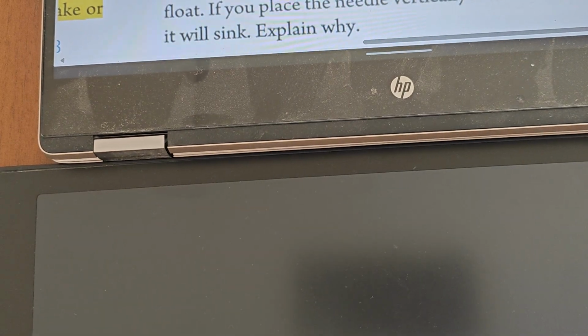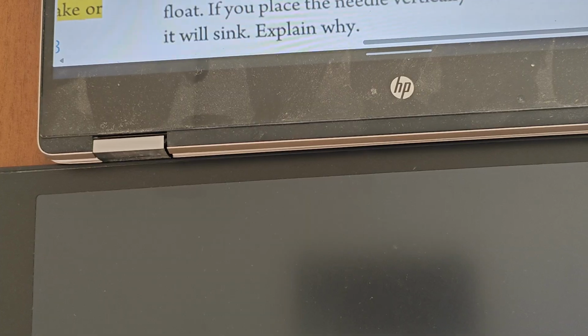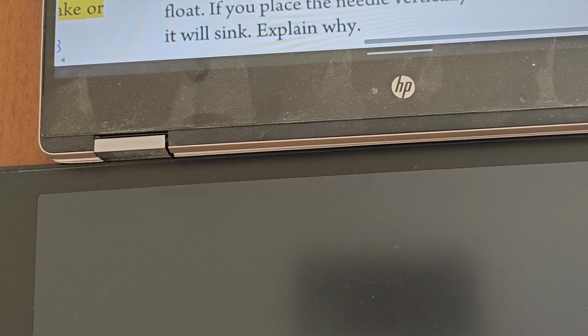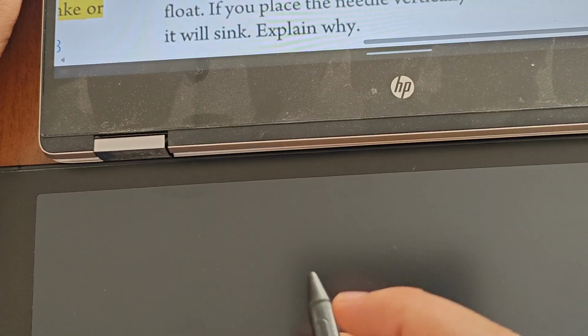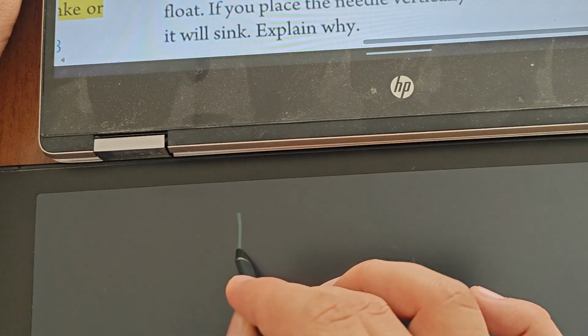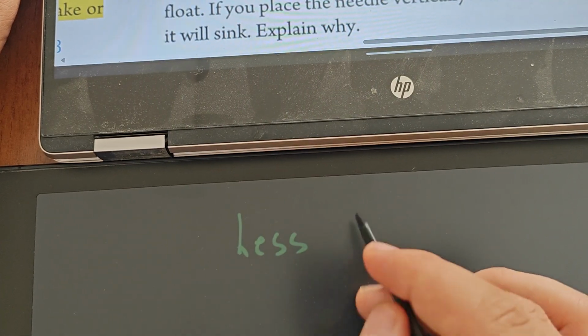Look, this question 10. The question said, in which of the cases do we have less pressure?